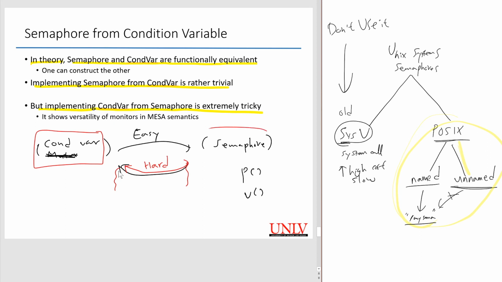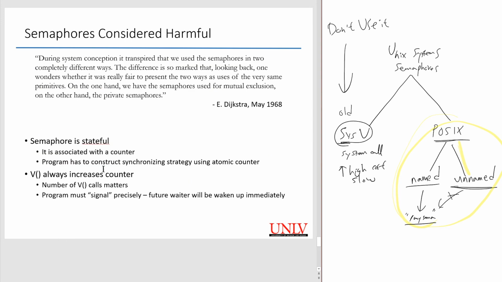The semaphores are too restrictive, and that is one of the reasons why use of semaphore is discouraged and use of condition variable is recommended. I'm going to drive home the point by this quote from the inventor of semaphore. His name is Edgar Dijkstra. So let's read the quote.